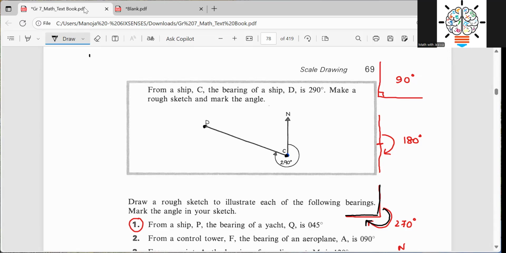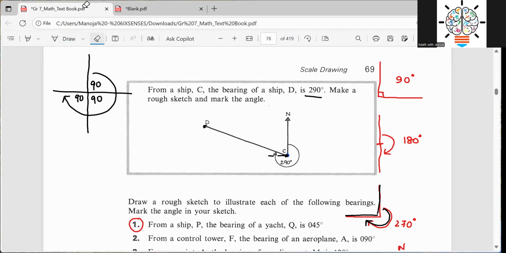How does it come to 270, children? You just imagine this is 90 and another 90, all together this will become 270. If I want to mark 290, definitely it should be more than that level. So therefore, they have marked it more than that, right?